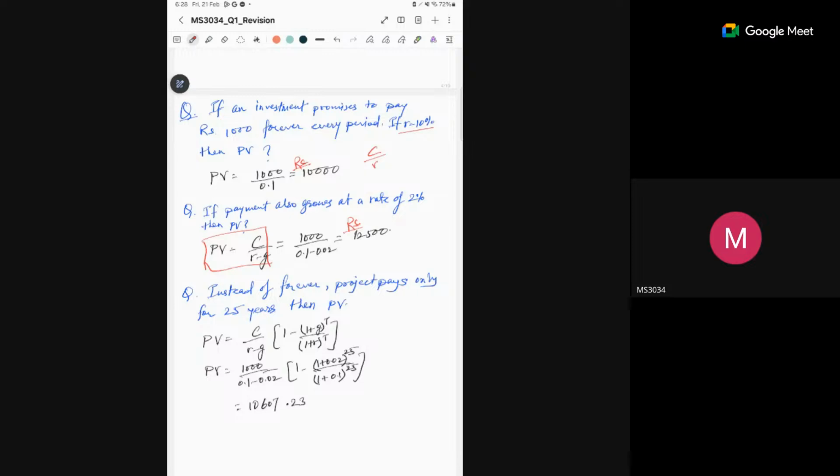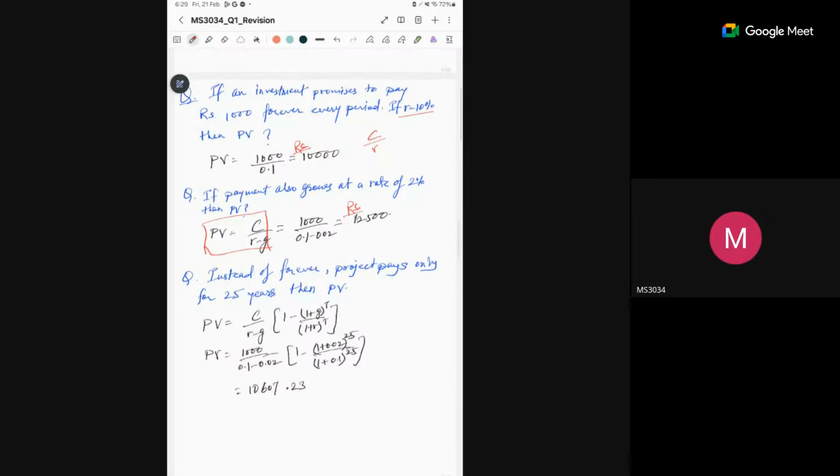But if the project says it will only give you payments for 25 years, then you can use the formula for annuities. I have given the simple annuity formula above. Here I am continuing this question, so it is a growing annuity case. The payments grow at 2%, the rate of return is 10%, and it gives you 1,000 rupees per period for 25 years.